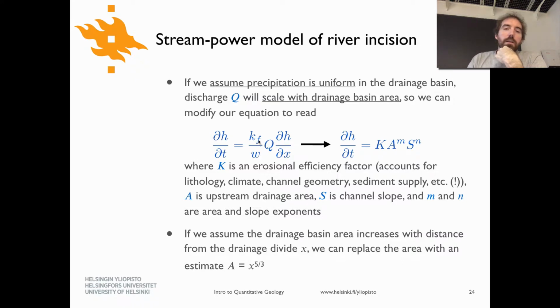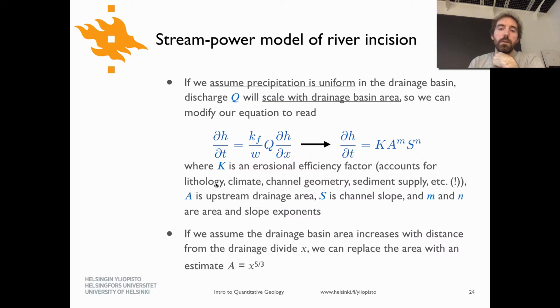In addition, instead of worrying about this bedrock erodibility factor and the width, those things are both just lumped together into one constant called capital K in this case. It's sometimes called an erosional efficiency factor, and it's basically a garbage can. So everything we don't understand gets lumped in here.